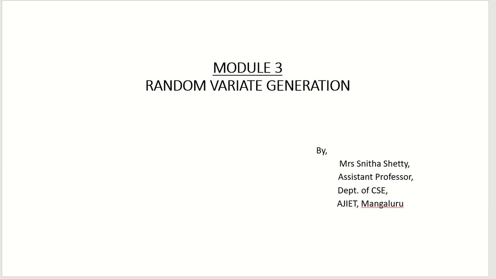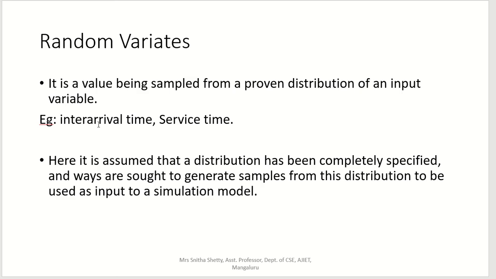Let's discuss what a random variate is. A random variate is a value being sampled from a proven distribution of an input variable. A general example of a random variate is the inter-arrival time or the service time.